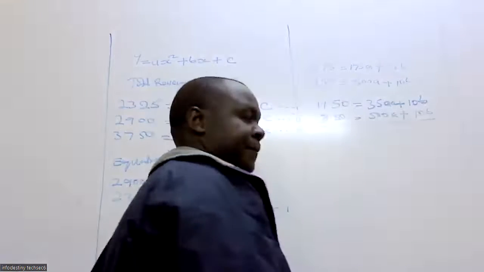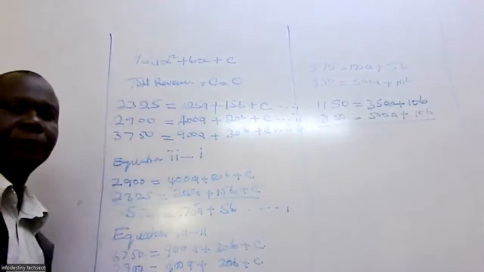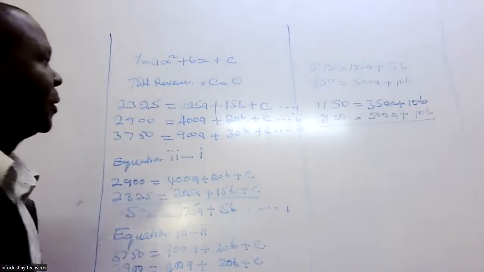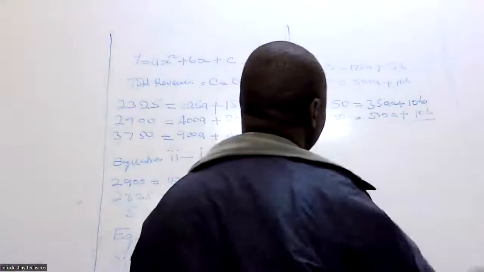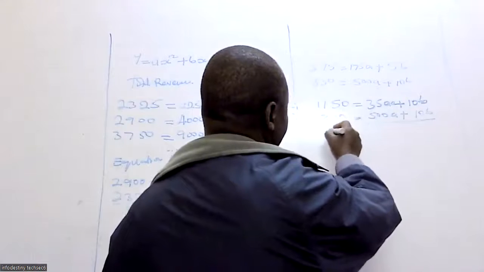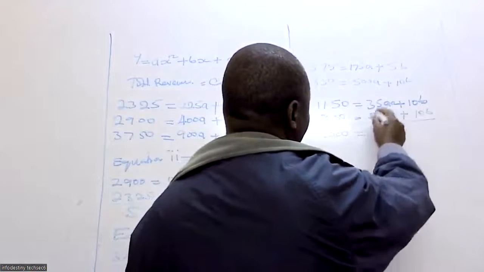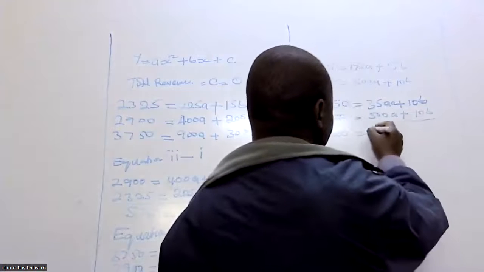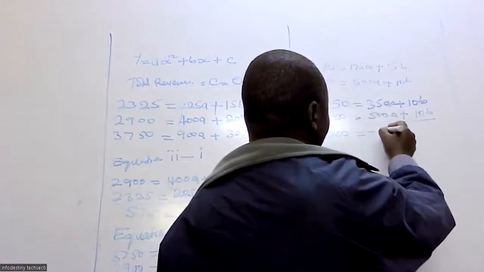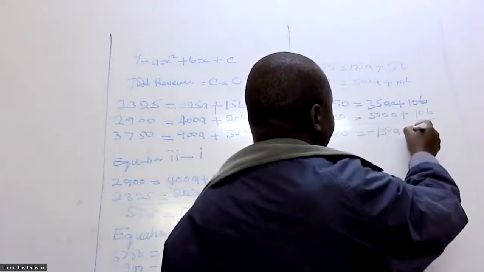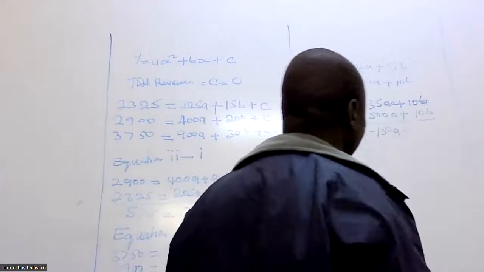We subtract. 300 will be equals to this one minus 150A.